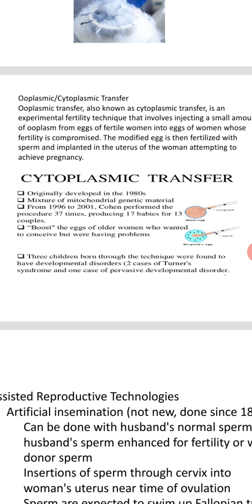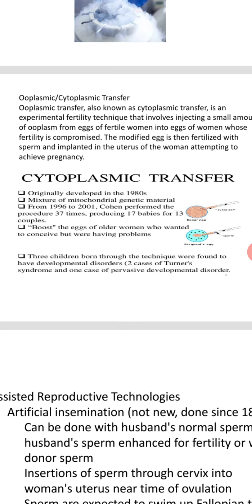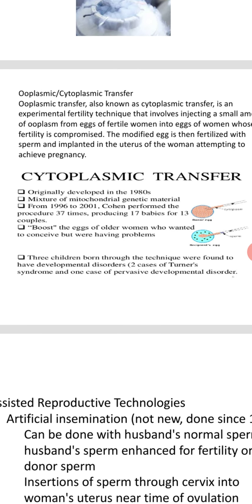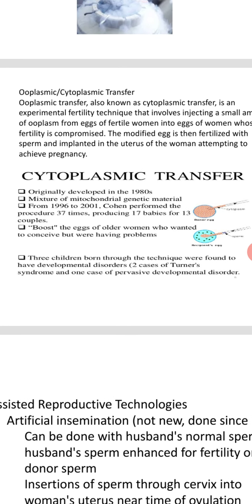So in this diagram you can see how the cytoplasm of the donor egg is mixed with the recipient egg.